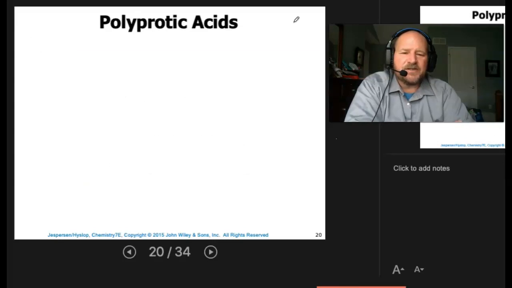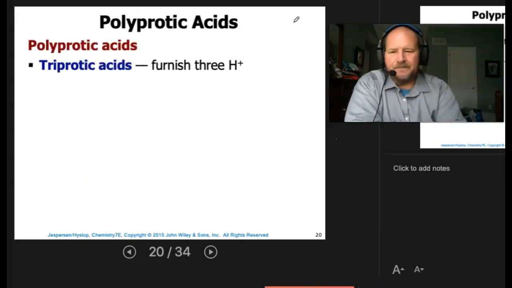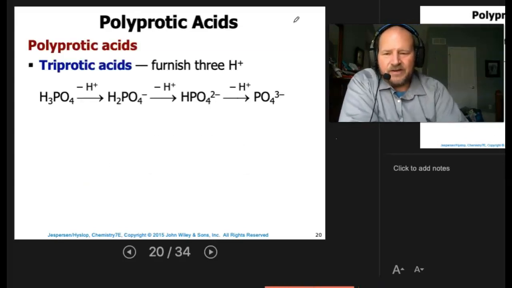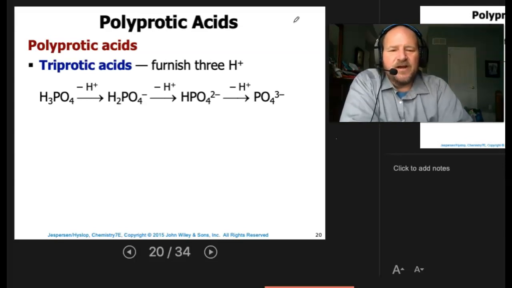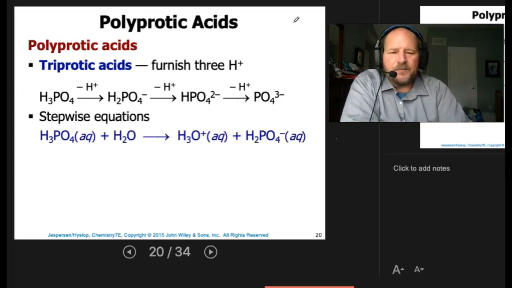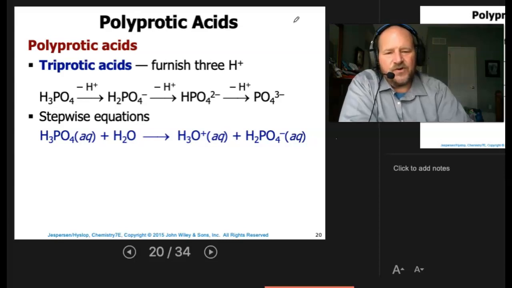Okay? So polyprotic acids, we could have triprotic. So if I take H3PO4, even though it's not a strong acid, it can give me 3 hydrogens, which means it can produce 3 hydroniums. The stepwise reactions: H3PO4 plus water gives me one hydronium and delivers an H2PO4 minus.